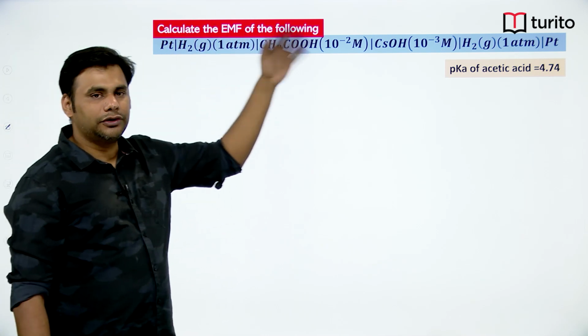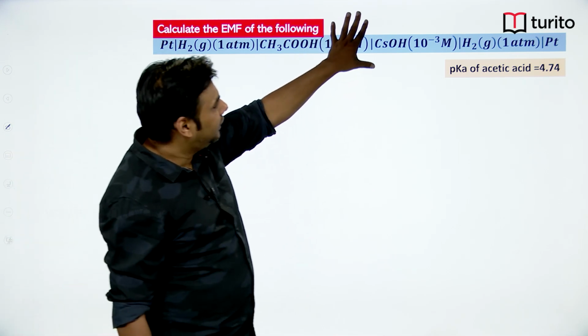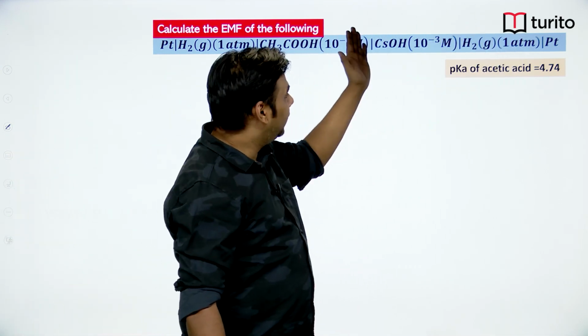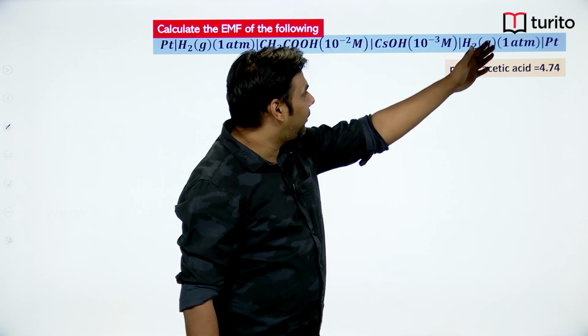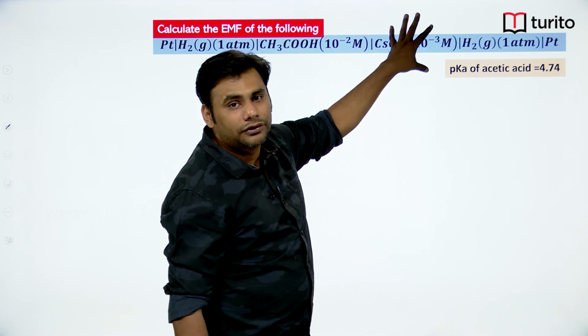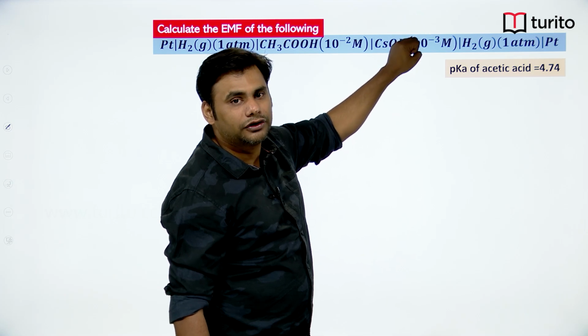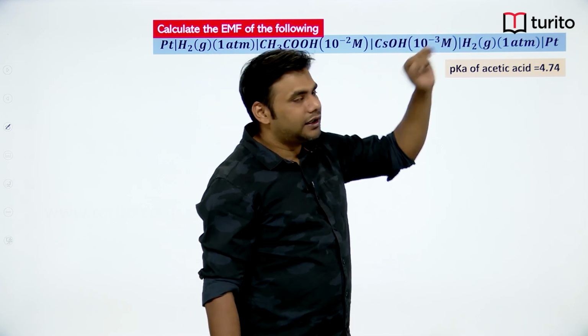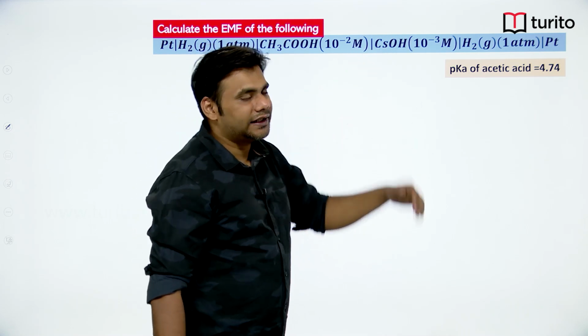So this is basically a hydrogen ion electrode, and if you look at the cathodic part, this is basically cesium hydroxide. This is a base. So from the base you can calculate the concentration of H plus, because we know the concentration of OH negative. So that is again a gas ion electrode.